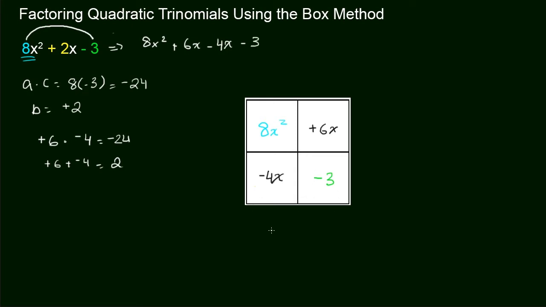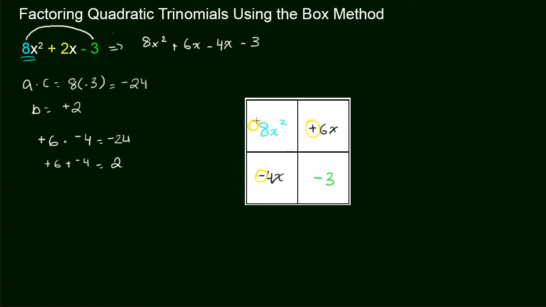Now, we're going to factor the columns first, paying attention to the sign that is outside each of the terms. These 3 boxes are what we're looking at for their signs, because this determines whether the factored form is going to be positive or negative.